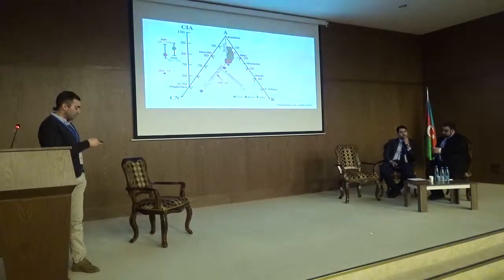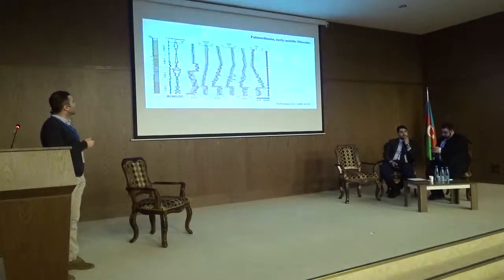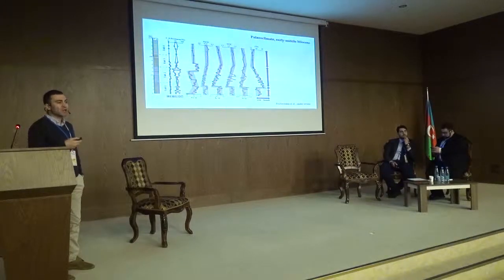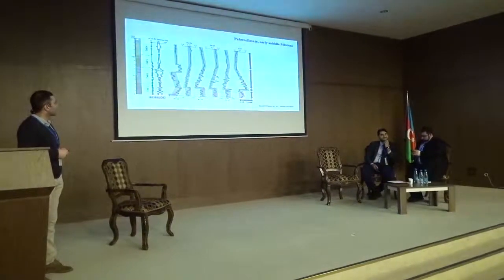And in this diagram we can see we calculated the chemical index of alteration, which indicates how intensive chemical weathering was, because when we have high chemical weathering, it means that the climate was humid, and we can see how this climate changed during this Miocene time.